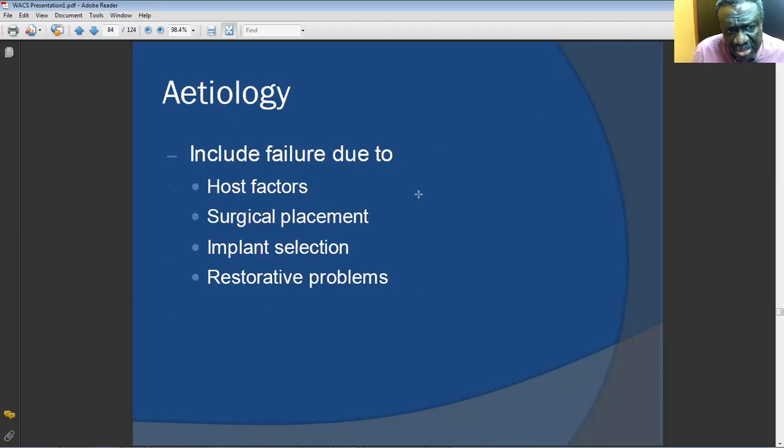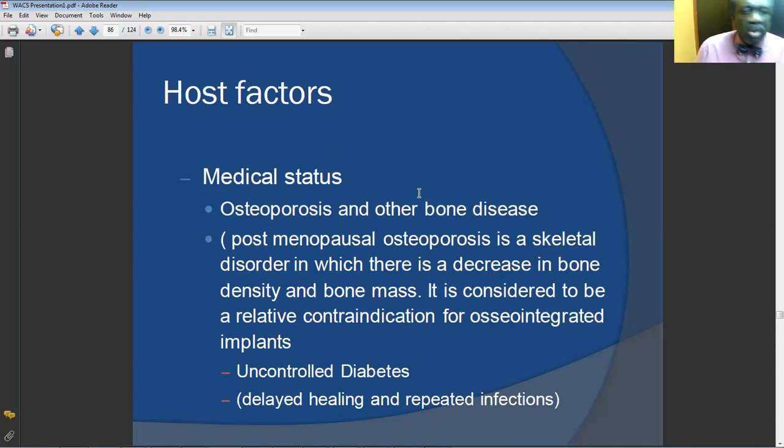With regards to the etiology, this includes failure due to the host factor, like is the patient a diabetic patient, or due to surgical placement, so that is the dentist's fault, or due to implant selection, that is the dentist's fault, or restorative problem, that may be the dentist's fault or the laboratory fault, and so on and so forth. So let us look at host factor.